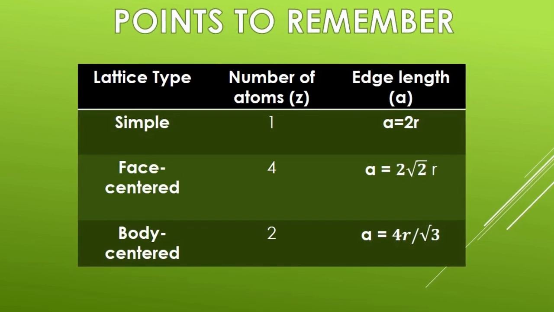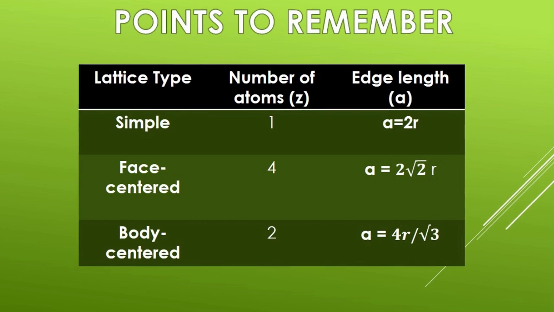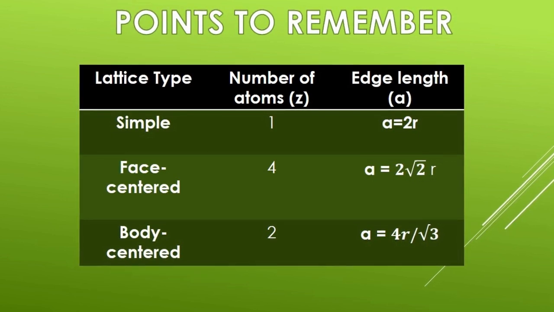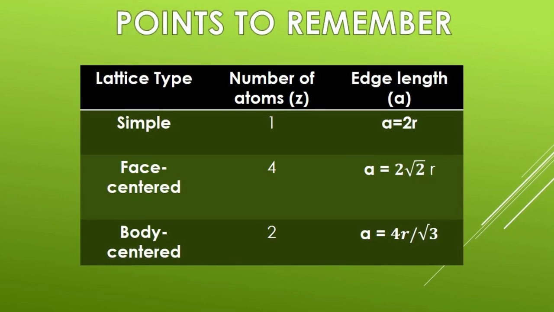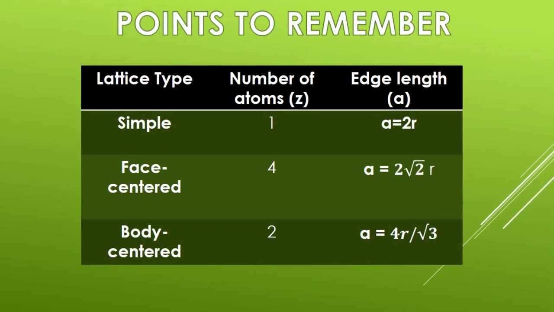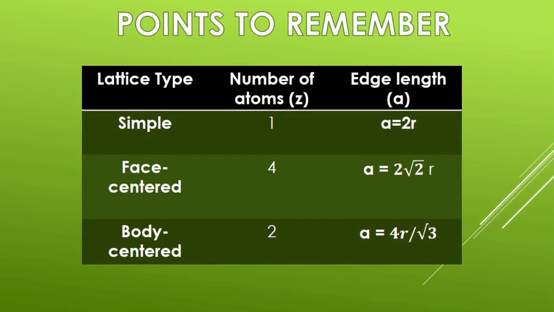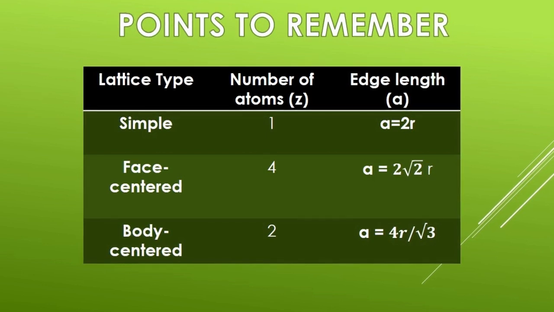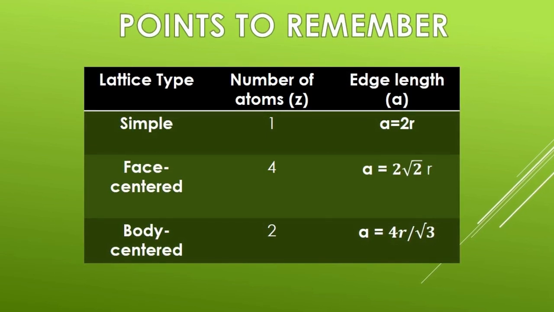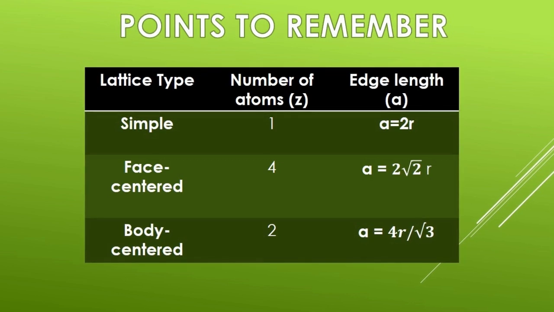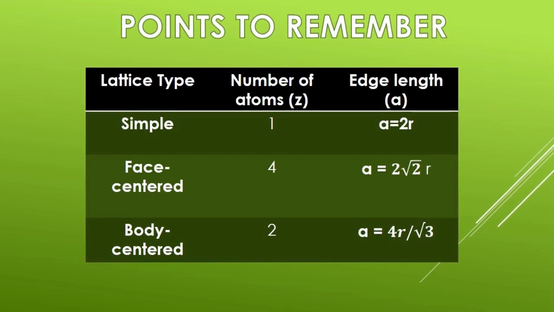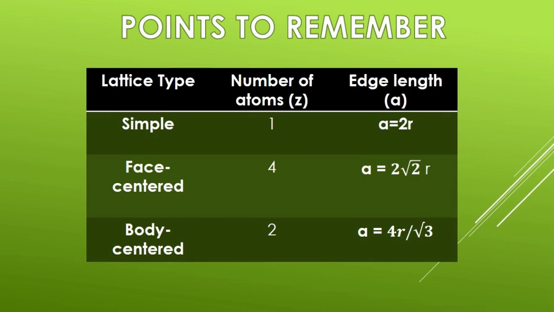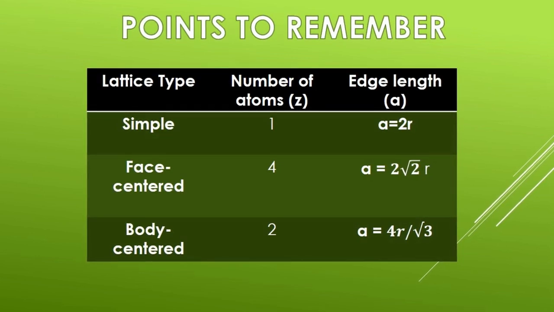And in a face-centered unit cell, the number of atoms present will be equal to 4 and its edge length will be equal to 2 into square root of 2 into r. And in the body-centered cubic unit cell, the number of atoms present will be equal to 2 and its edge length a will be equal to 4r by root 3.